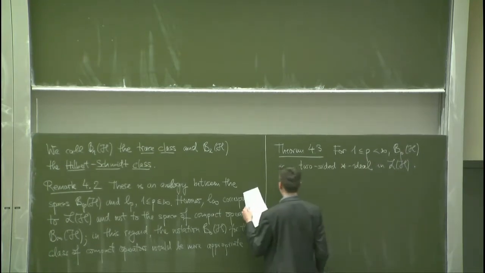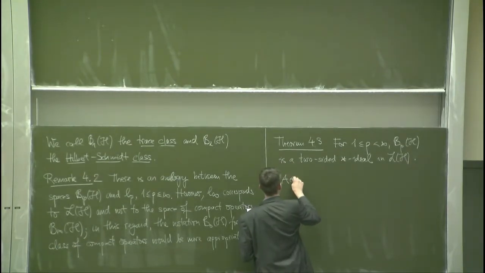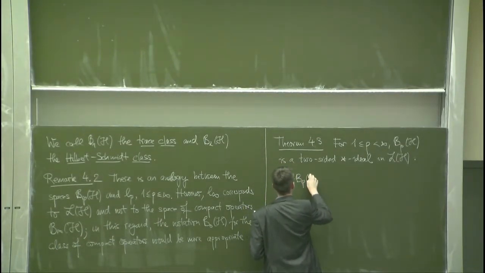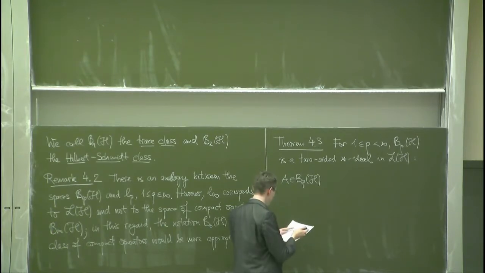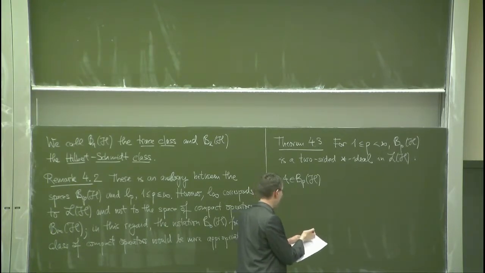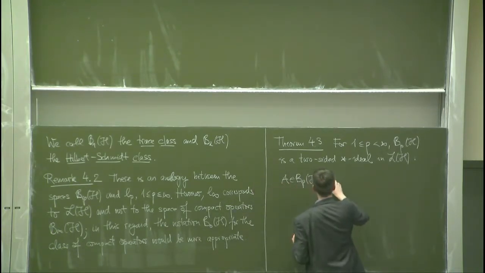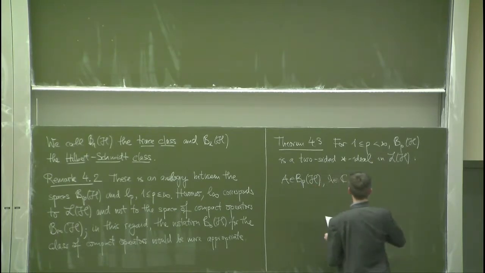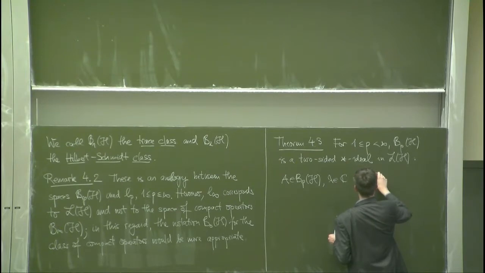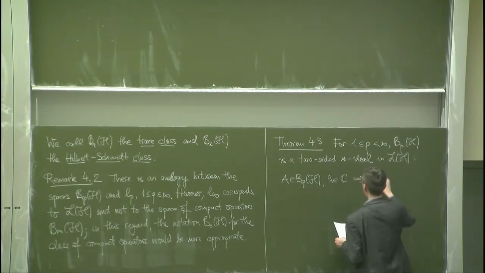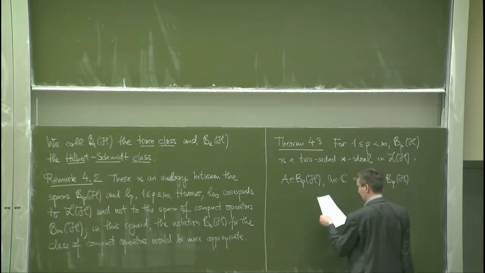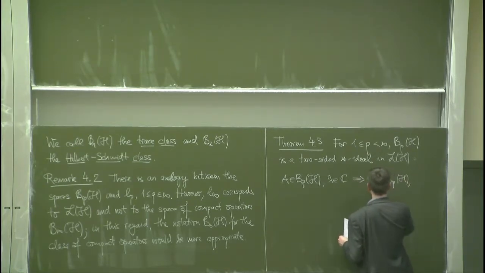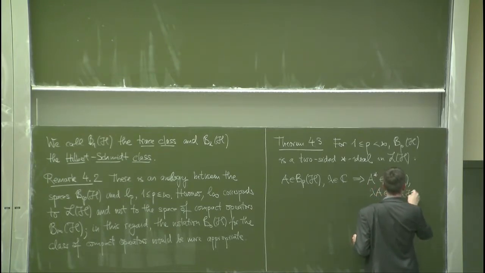First of all, if I take an element A in this Bp of H and I take a complex number lambda, then we have that also A star, this refers to the star here, is again in Bp of H, and also lambda A is again in Bp of H.